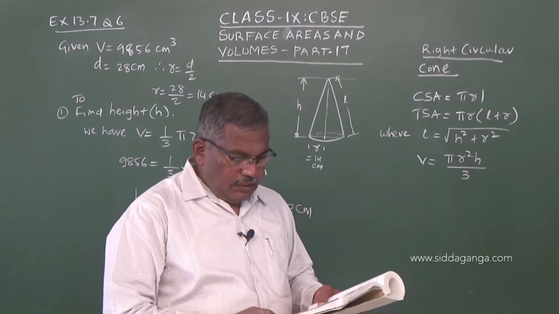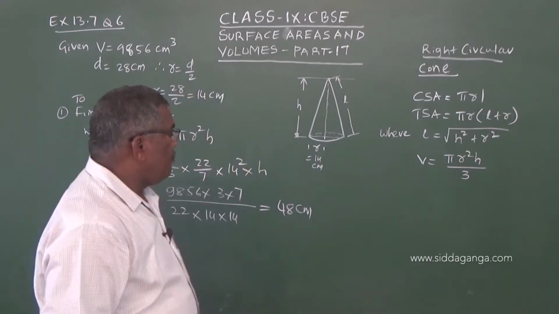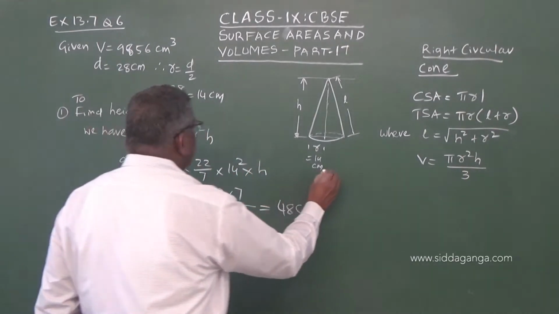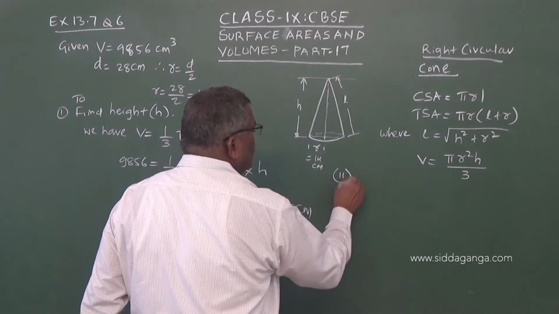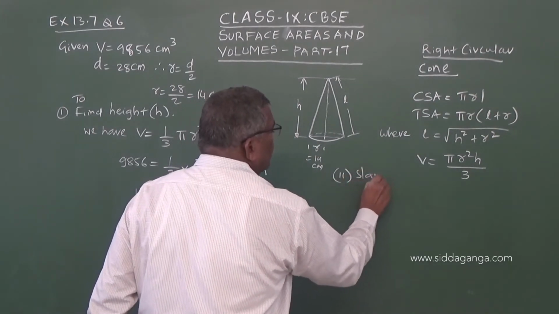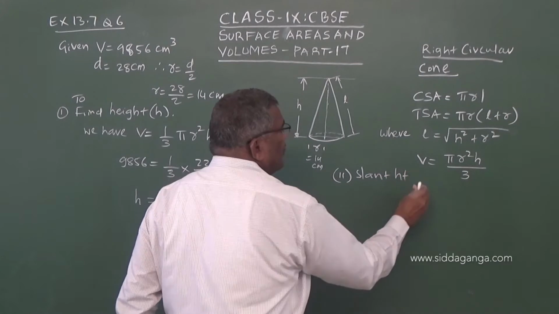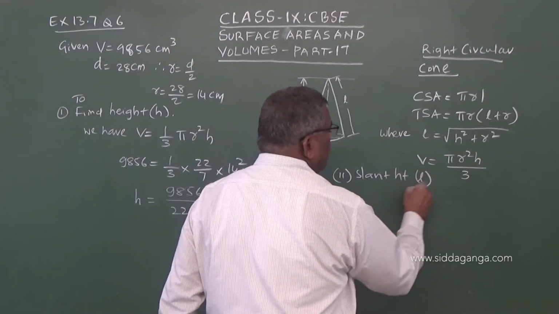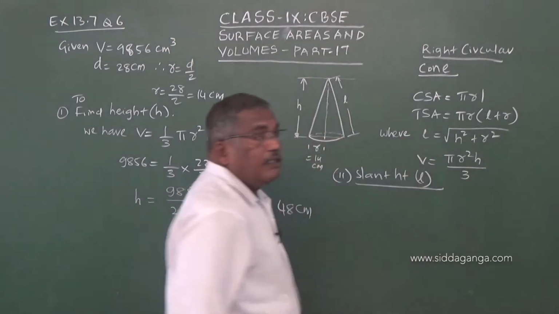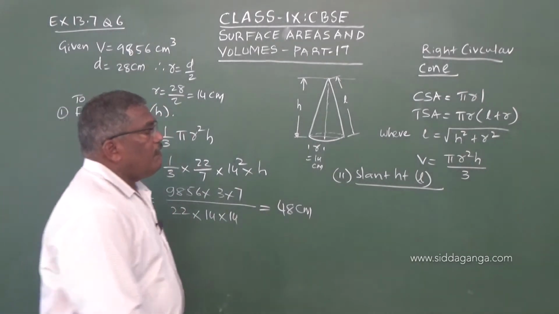Second one, slant height of the cone. So second sub question, slant height, that is L. To find slant height L, we have this formula.